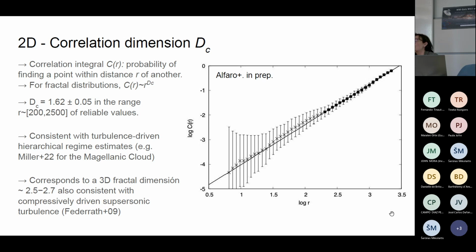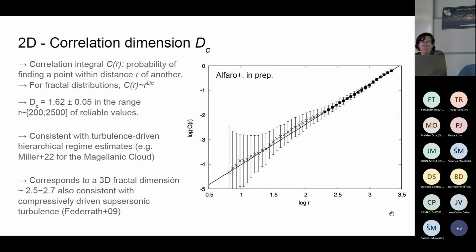I don't know how this changes. In the end, when you select a sample to do an analysis, you always have to choose between reliability and contamination. So we chose this one because it was more conservative, and we were more certain that they were where we wanted them to be.